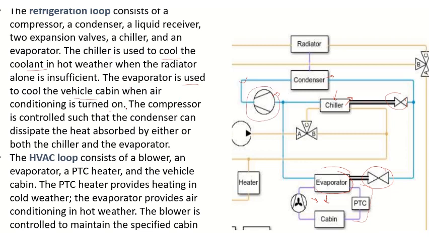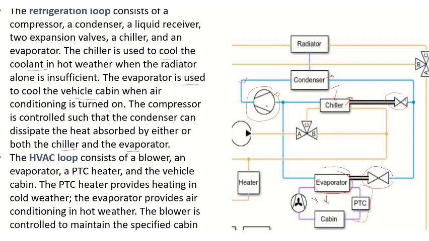The compressor is controlled such that the condenser can dissipate the heat absorbed with either the chiller or the evaporator. So it will create different pressures for the coolant, such that the condenser can dissipate the heat by either the chiller or the evaporator.